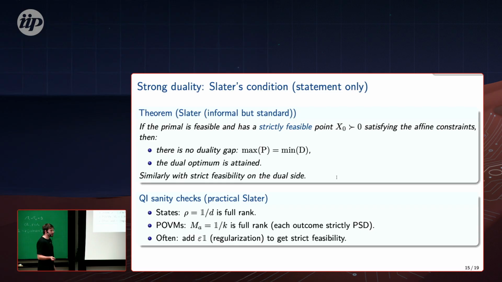But it's very useful. It's definitely something you should know how to use. And many quantum information theory papers don't bother to check this, which sometimes annoys me. They just say, oh, the value of the max of the primal is the same as the dual. This is not always the case.